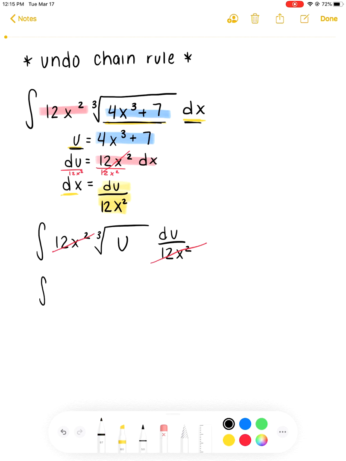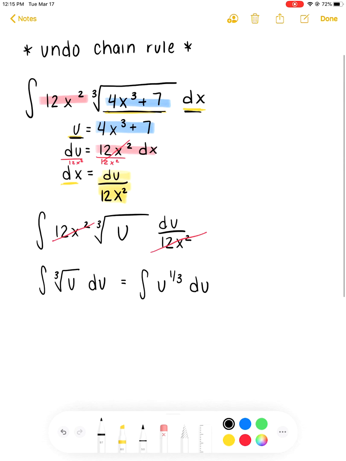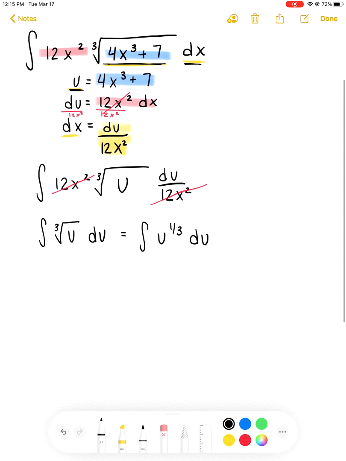So now my integral becomes the cubed root of u du, which is much easier to solve than what I started with. If I'm going to finish solving this, I'm going to keep my integral sign. I'm going to rewrite the cube root of u as u to the 1/3 power du, and then I'm going to solve it.